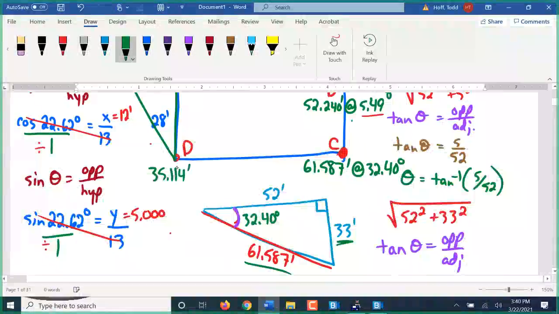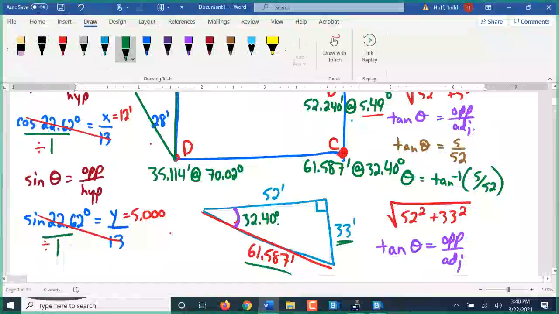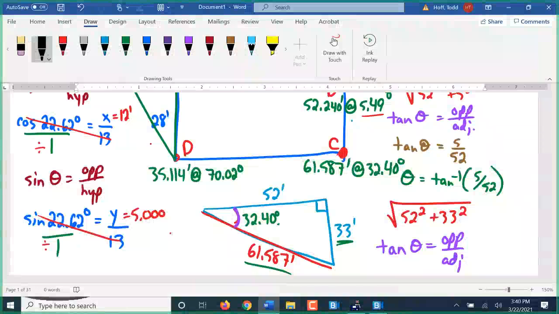So corner D is going to be labeled 35.114 feet at 70.02 degrees. Good stuff? So this is one of the potential practical applications of the trig that you can run into, using a theodolite for job site layout.